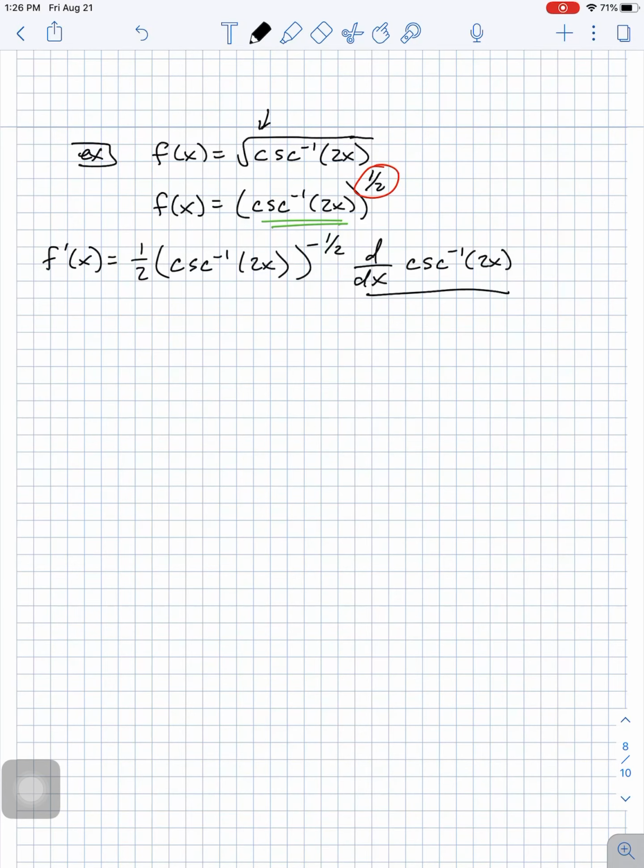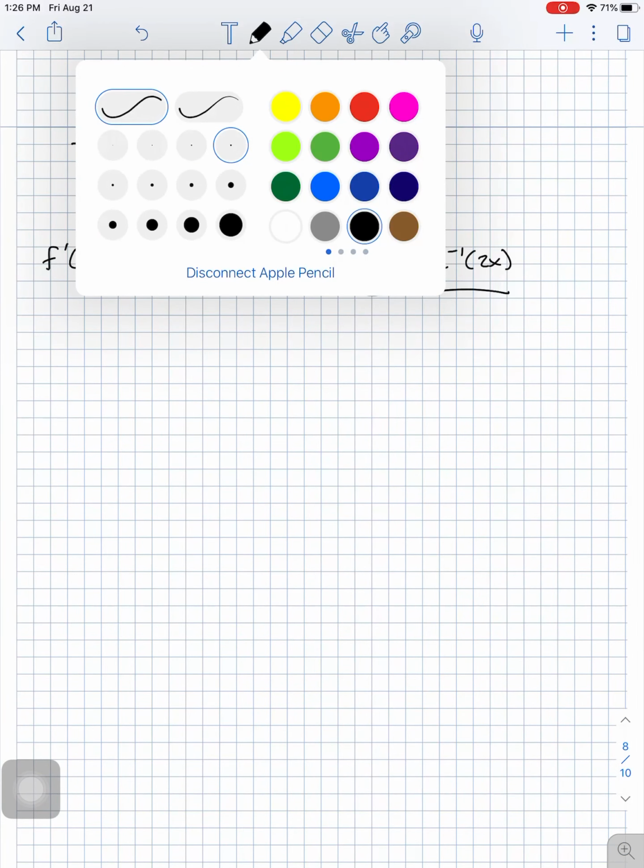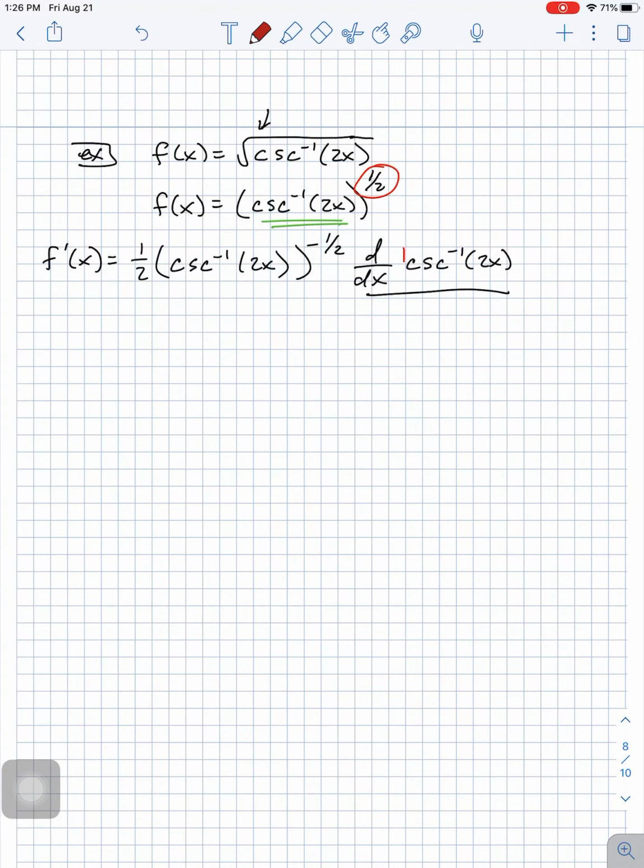All right, now let's take a look at this. This is also a chain rule. The outside function is the inverse cosecant, and the inside function is 2x. So that derivative, this 1/2 stuff comes along for the ride. Just recopy it down.